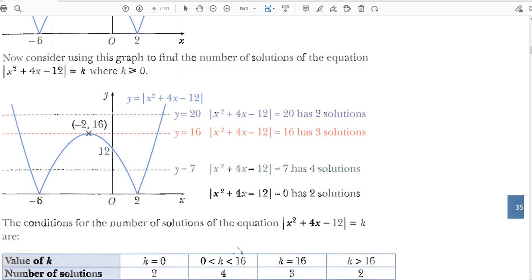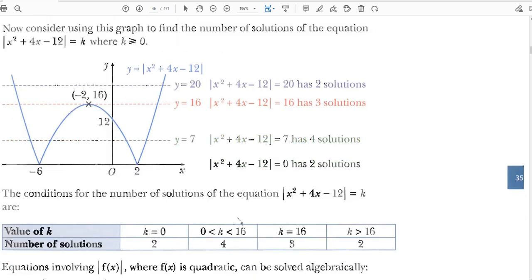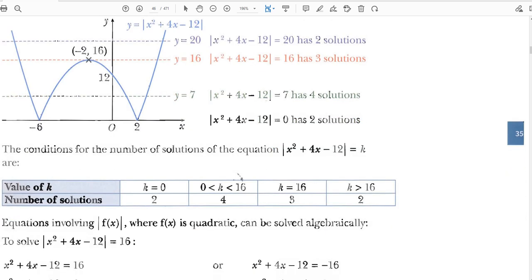If we just pass the maximum point, we always have three solutions. And if we pass below the maximum point and above the x-axis, we always have four solutions. So what are the values of k when we have four solutions? When we have four solutions, the value should be from 0 to 16, where 16 is the maximum point.